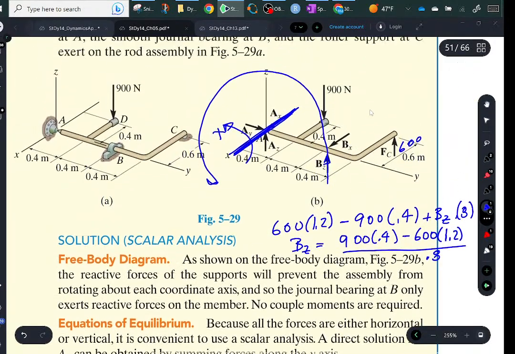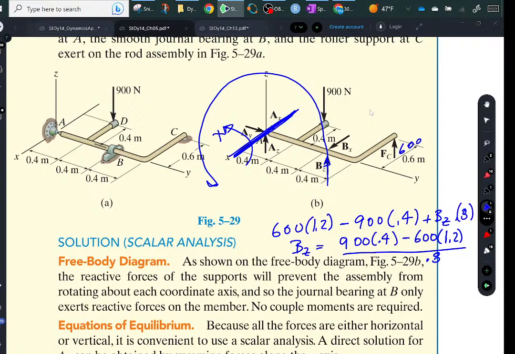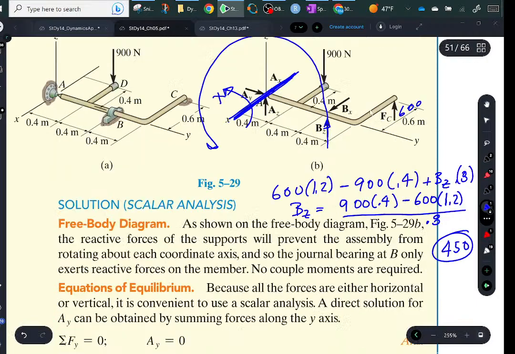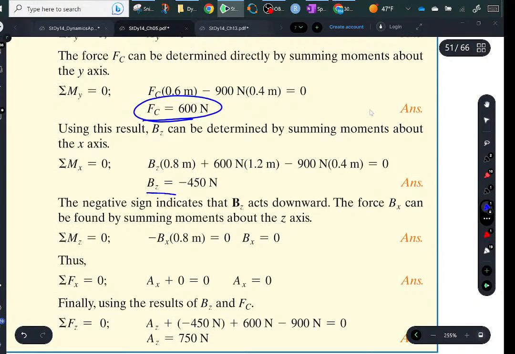That doesn't make sense. Okay, wait a minute. Let's look at this again. 600 going up times 1.2. 900 going down 0.4. So 600 times 1.2. Oh, sorry. My math mistake. It was minus 360. So sorry. 360 divided by 0.8. 450. This BZ is 450. And in fact, it's 450.